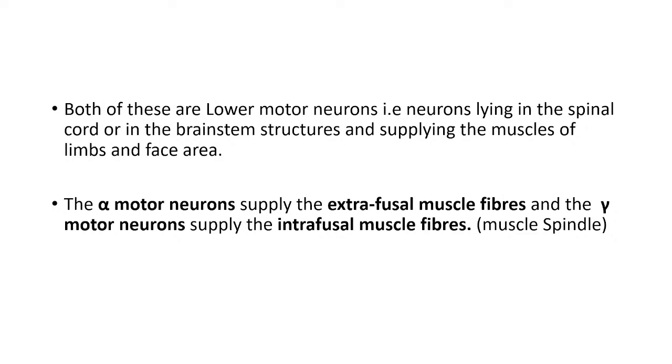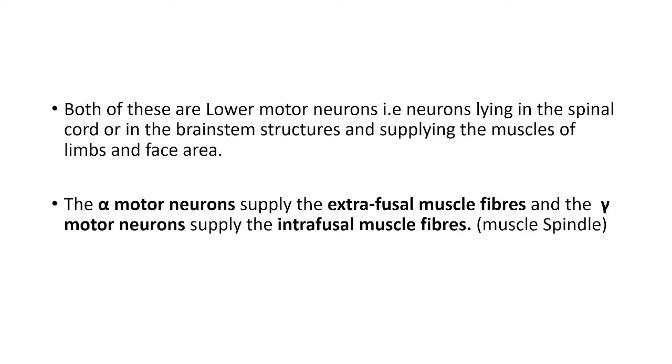They arise from the anterior gray horn of the spinal cord and directly innervate muscles. So, anything above this level will be included in the upper motor neuron. Anything beyond the alpha motor neuron will be upper motor neuron. If you do not understand this, you will face difficulty later.